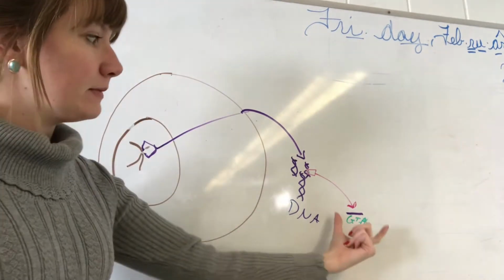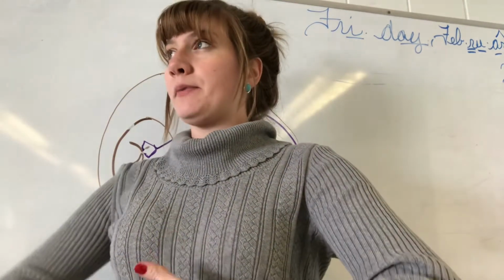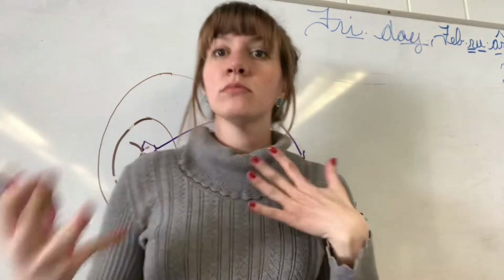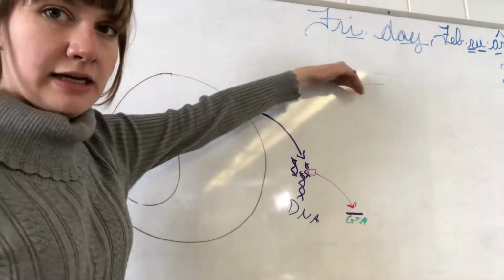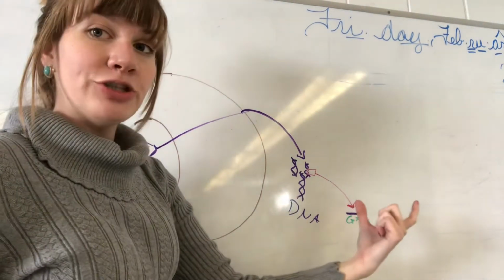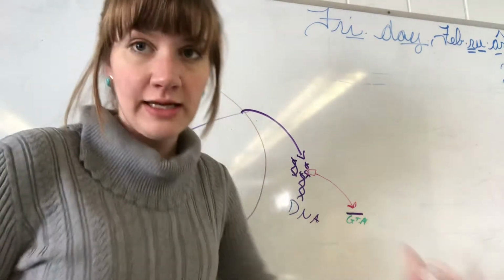So, what is a trait? A trait is the thing that you can see physically. For example, eye color would be a trait. So if we say eye color, for example, eye color is the trait. And then this little code of DNA is called a gene. This gene is going to tell me what color the eye is.